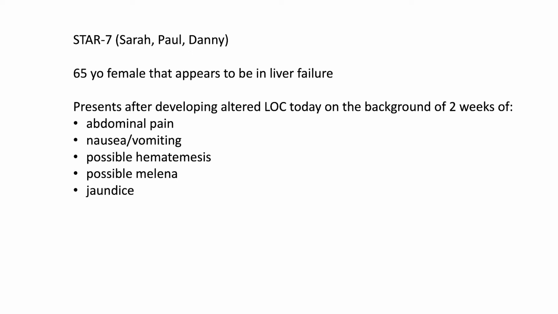Just as a quick reminder, with altered LOC, I kind of like this mnemonic, DIM TOP. It's descriptive. They're altered, so they're dim up top. It's not completely comprehensive, but the D stands for drugs, the I stands for infections, both central nervous system infections as well as systemic infections. The M stands for metabolic, a big broad differential diagnosis there.